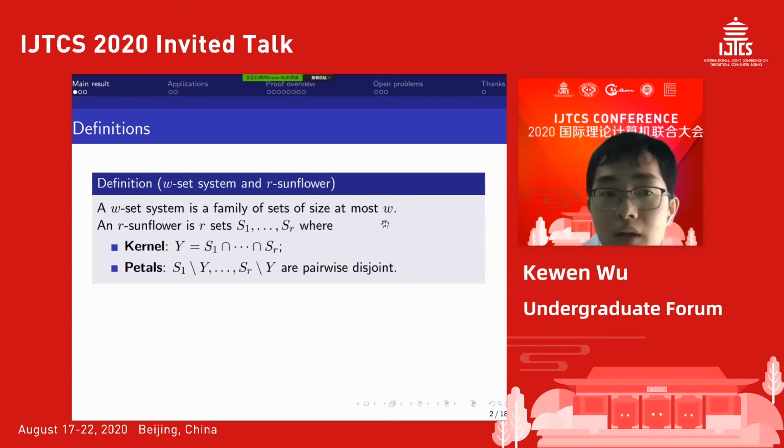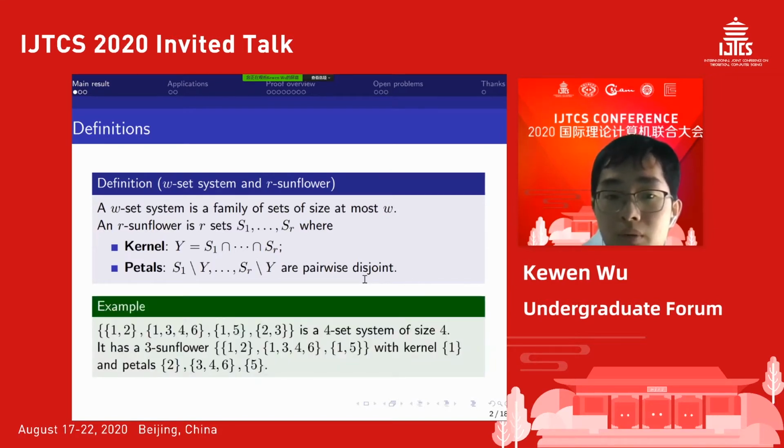And we say an R sunflower is R sets, S1, S2, up to SR, where its kernel is Y, which is the intersection of S1, S2, up to SR. And its petals are S1 minus Y, S2 minus Y, up to SR minus Y. And we require these petals to be pairwise disjoint sets.